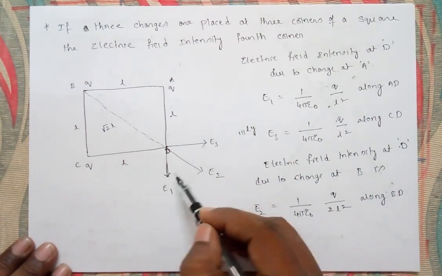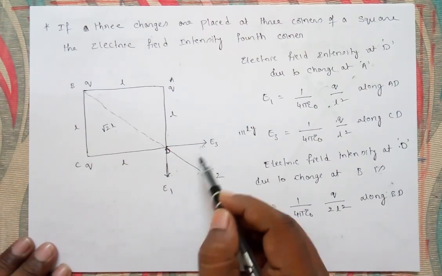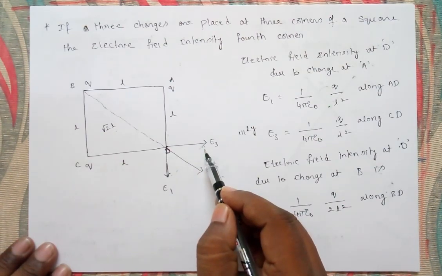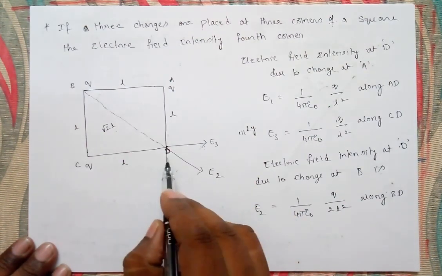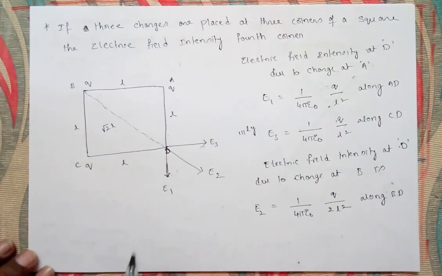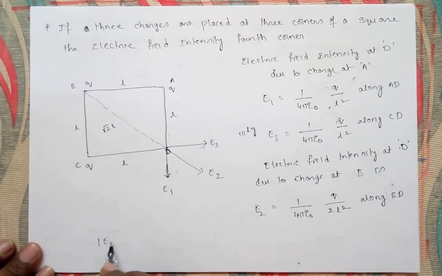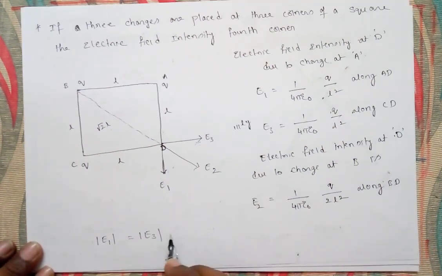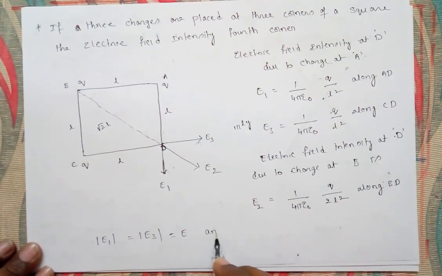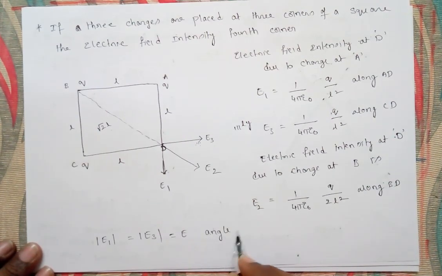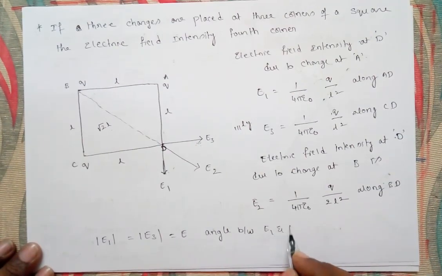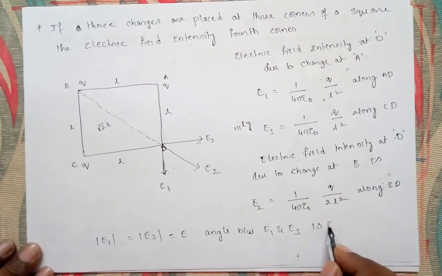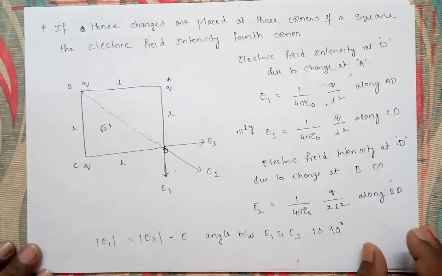Here E1 and E3 are two electric field intensities of equal magnitude, and they are mutually perpendicular to each other. The magnitudes of E1 and E3 are the same, E, and the angle between them is 90 degrees.